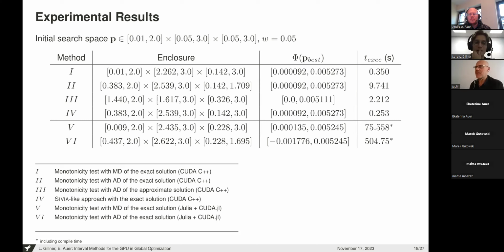Yes, but in some way, the contractors have to communicate, to collaborate in order to contract. So maybe it's not as easy. No, it might not be as easy as on the CPU, but it is definitely possible. It is possible for different kernels on the GPU to have inter-process communication. Okay, good. Thank you.